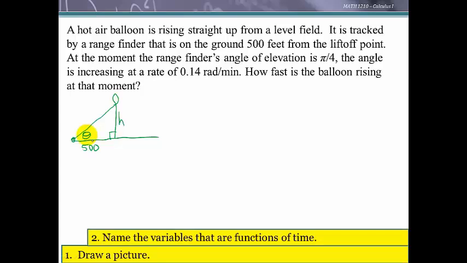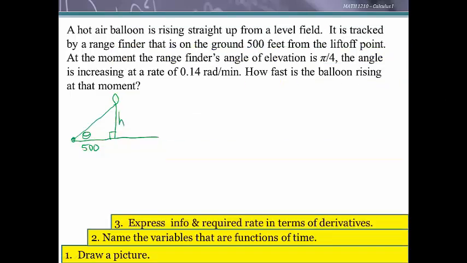So we've got theta, a function of time, our angle of elevation is changing over time, and we've got h, our function of time, our height is changing over time. Express the info and required rate in terms of derivatives. So let's see what information they gave me. At the moment, the rangefinder's angle of elevation is pi over 4. So when theta equals pi over 4, the angle is increasing at a rate of 0.14 radians per minute.